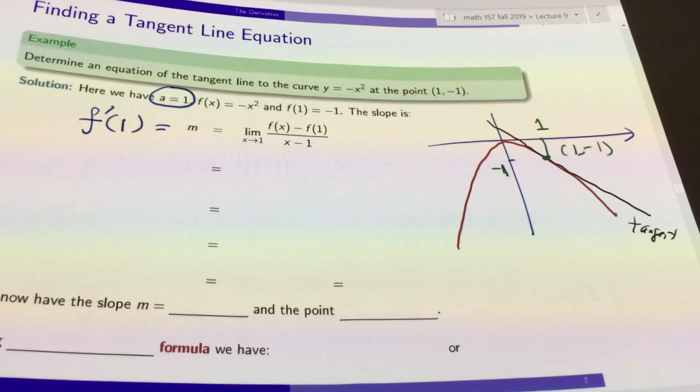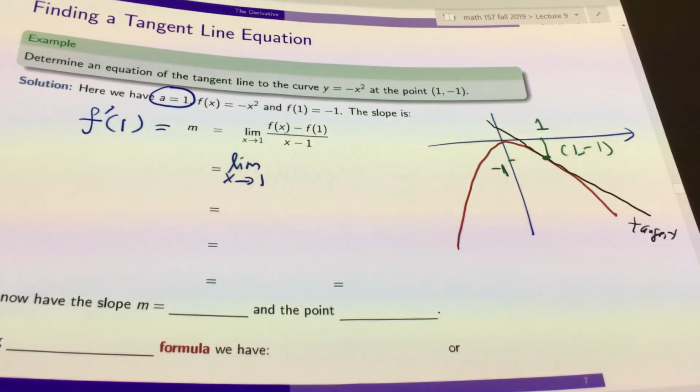You can use another form, with delta x tending to 0, and you will have the same calculation. So by definition, my derivative or the slope is equal to this limit, and I need to compute it.